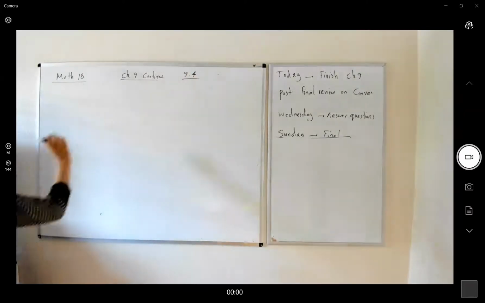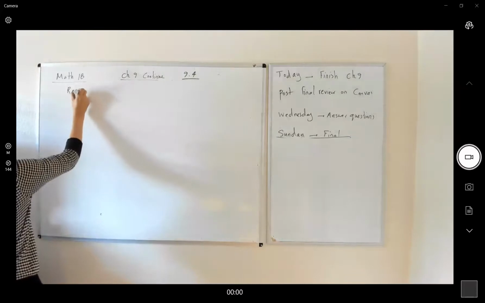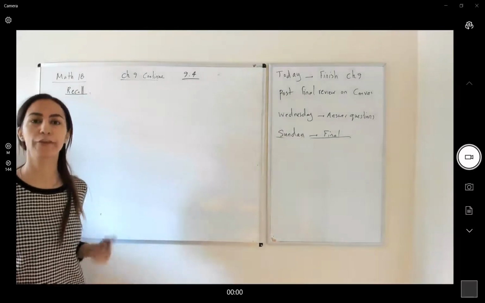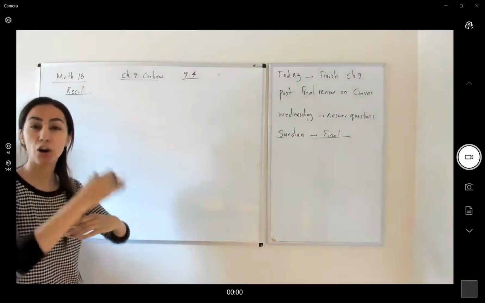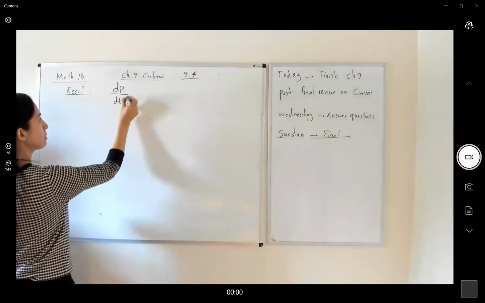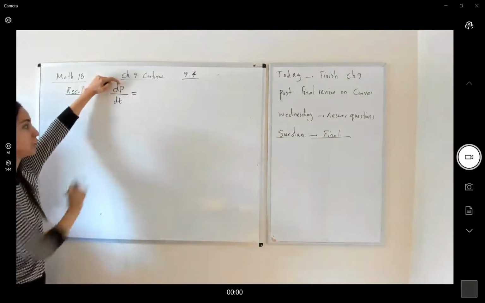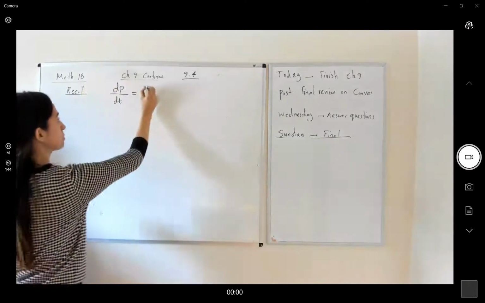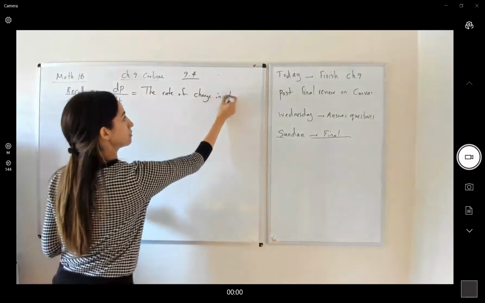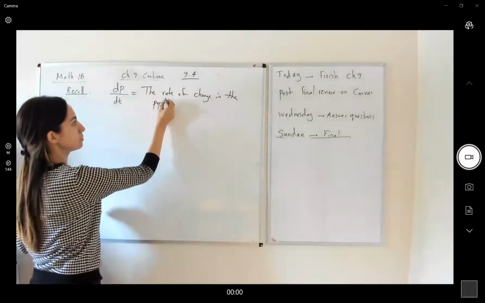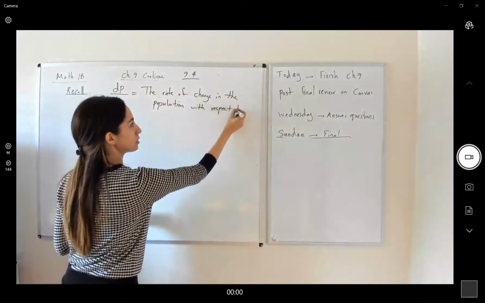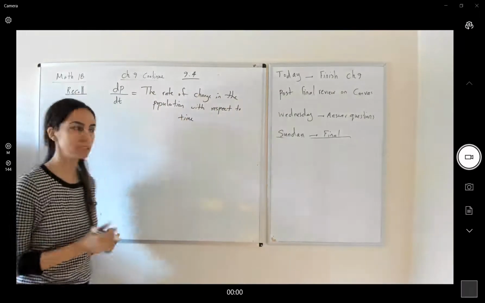So first of all, recall that the model of population growth or decay, or the rate of change of population with respect to time, t, is defined this way.